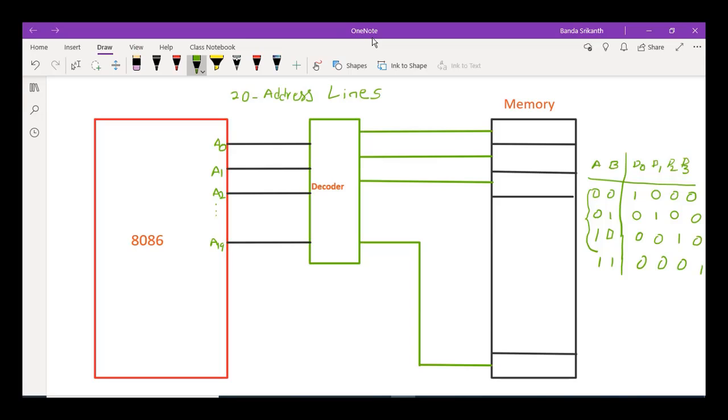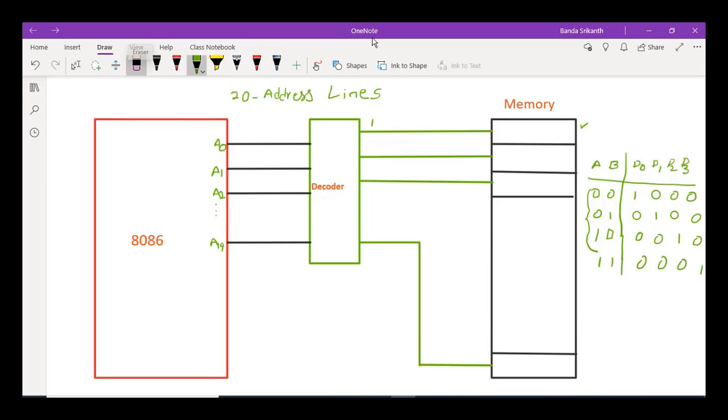Suppose an address is generated on the A0 to A19 lines, then at a time only one decoder output will be 1 and all other outputs will be 0. Whichever line has 1, that corresponding memory location will be activated and can be used by the 8086 processor.